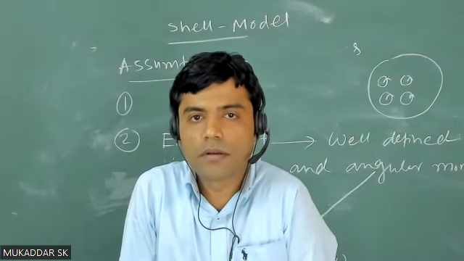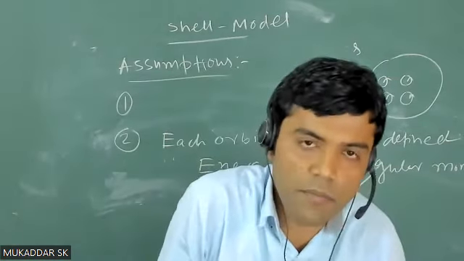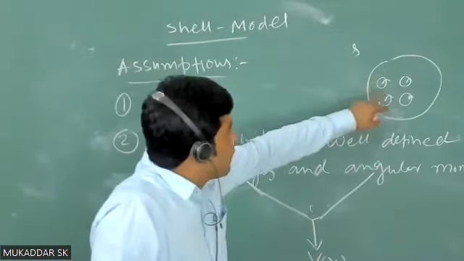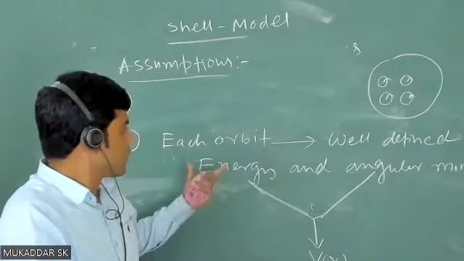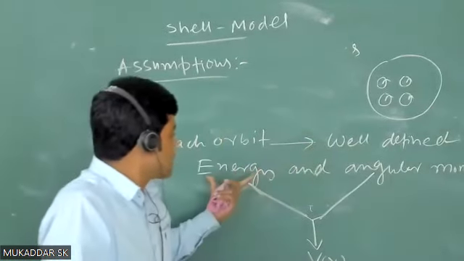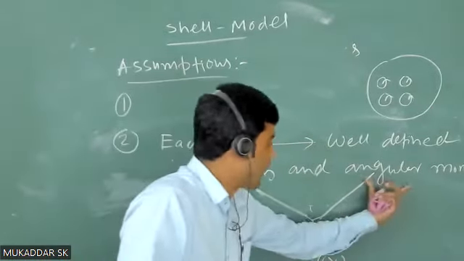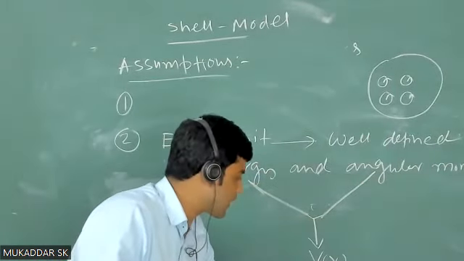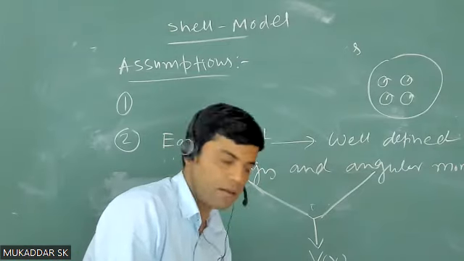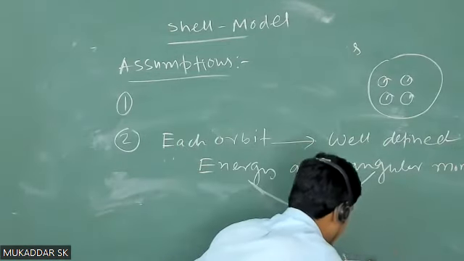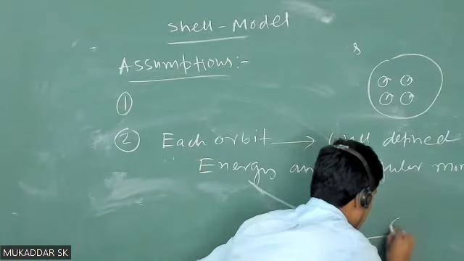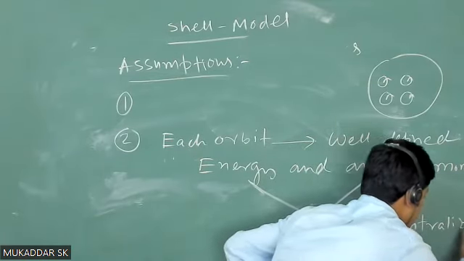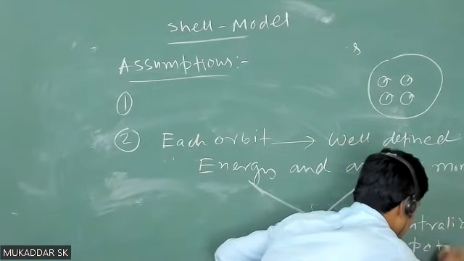Because of the central potential. So here also, when the orbital motion is happening inside the nucleus, each orbital motion is having energy and angular momentum, and that energy and angular momentum is characterized by V(r). V(r) is called the central potential, and that is important.